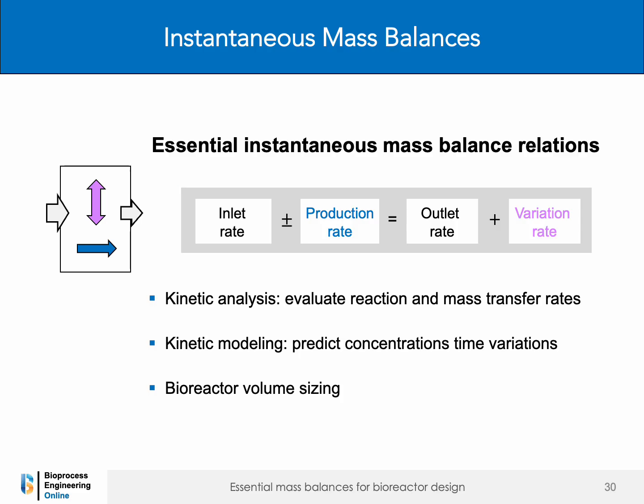Instantaneous mass balances are applied in all major tasks involved in the analysis and design of bioreactors, including kinetic analysis, evaluation of reaction rates and mass transfer rates, kinetic modeling, prediction of concentration changes over time, bioreactor design, and sizing of reactor volumes. Instantaneous mass balances provide the fundamental framework for understanding, modeling, and optimizing bioprocess operations.